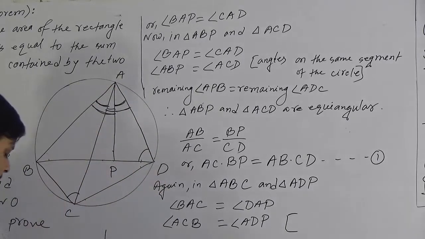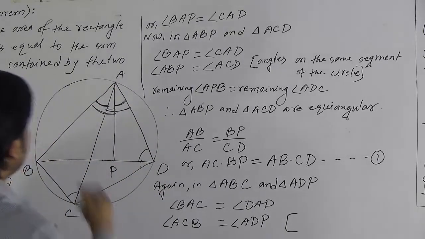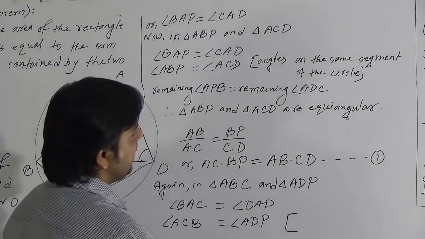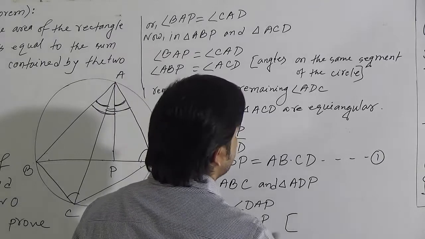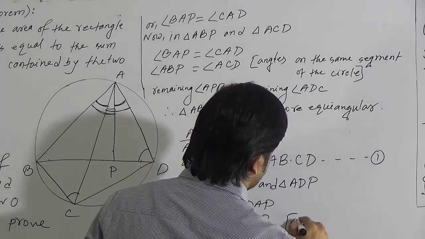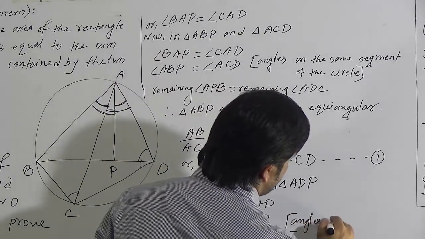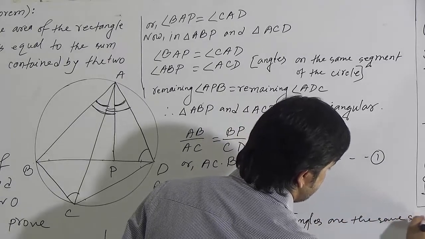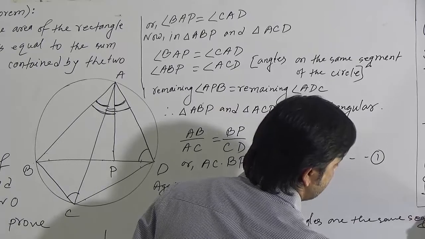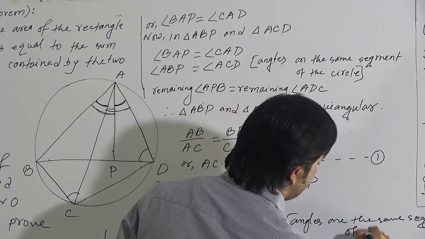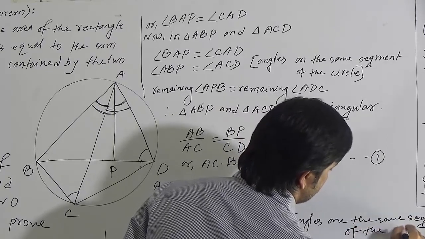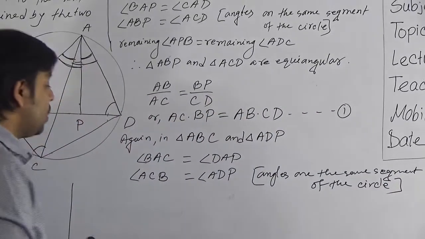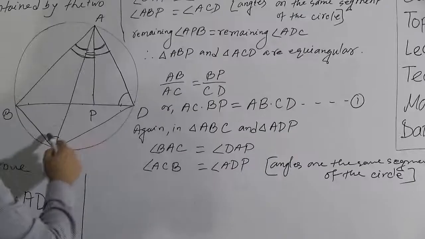Both angles lie on the same segment AB of the circle. Angles on the same segment of the circle are equal. So we can say these two angles are equal.